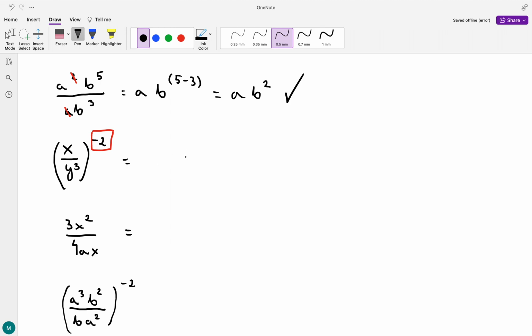Creating the reciprocal. So I'm going to put y to the 3rd on the top, x on the bottom, and now that's squared. All we have to do now is apply that second power. Now when we put power to a power, we multiply, right? We don't add because we don't have the same bases. So it's going to be y to the power of 3 times 2, which is 6, divided by x squared. Fair enough.